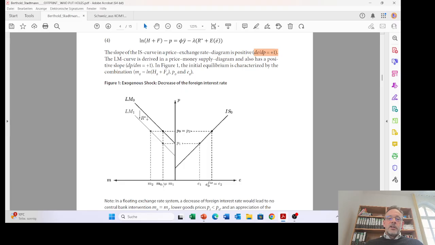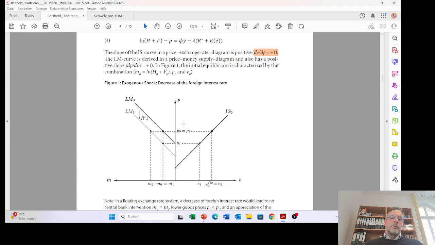In a floating exchange rate system, money supply would stay constant, goods prices would decrease, and the exchange rate would decrease, which is an appreciation of the Swiss franc. The central bank has to intervene to keep the fixed exchange rate in place. So in case that the central bank wants to defend the fixed exchange rate system, then E2 has to be equal to E0.